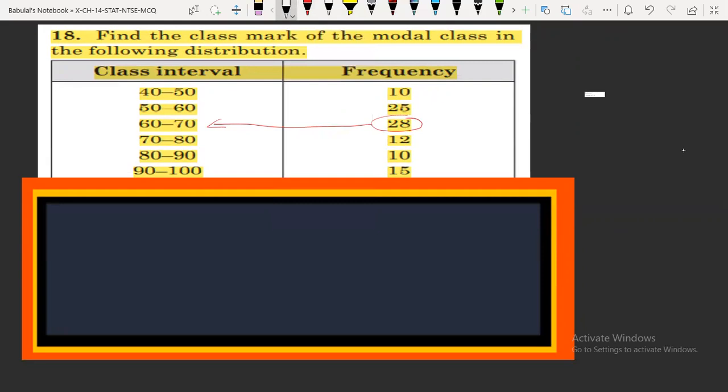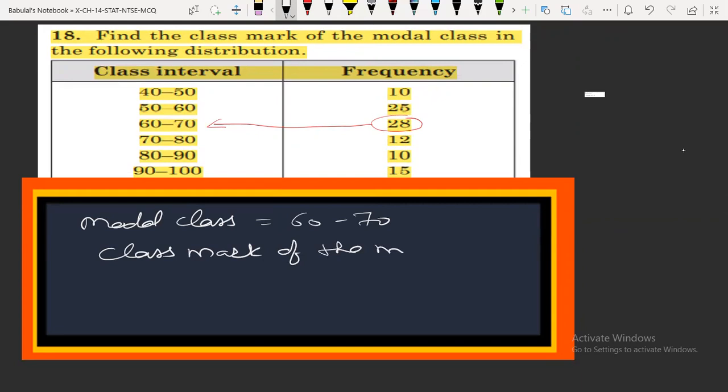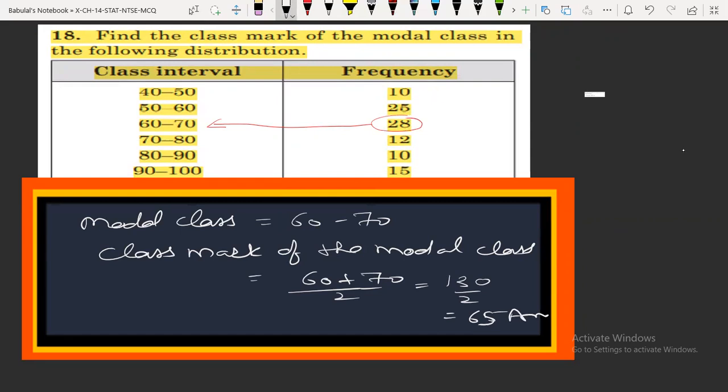So the modal class is equal to 60 to 70, and the class mark of the modal class is (60 plus 70) by 2, that is 130 by 2, that is 65. Answer. So this is the answer of question number 18 here.